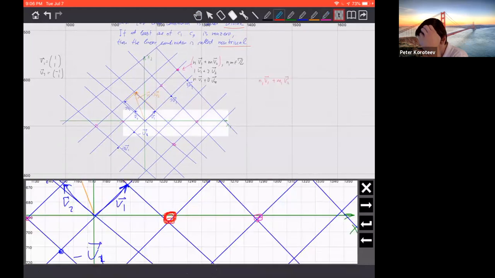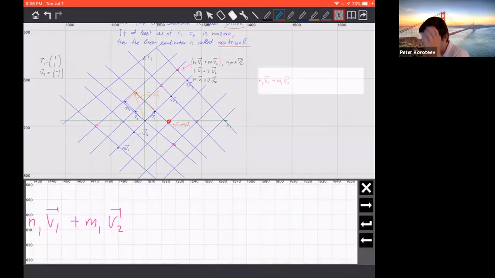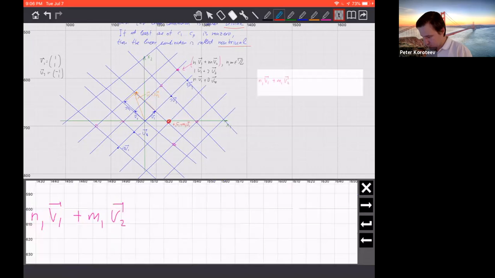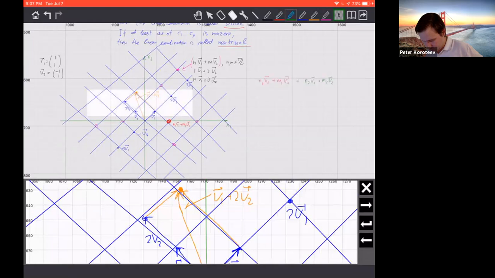So that's n1 v1 plus m1 v2, and take another one, another point, which is n2 v1 plus m2 v2. Let's say it's somewhere here.